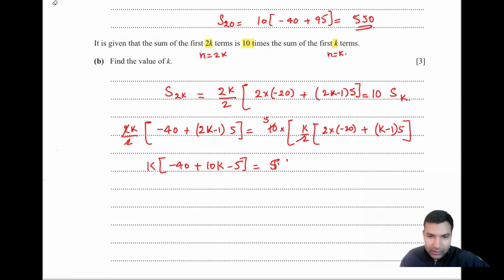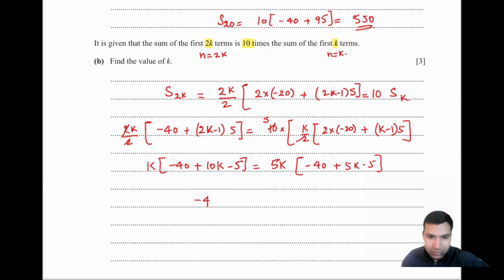So let me rewrite this. So I get basically 5k times (negative 40 plus 5k minus 5). Quickly rearranging this, now we can cancel out k and k also from here, because I just need a value of k. Or if you don't want to cancel, let's take it in terms of a quadratic also.